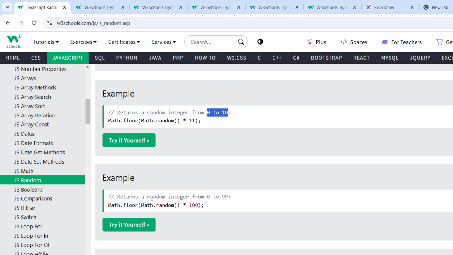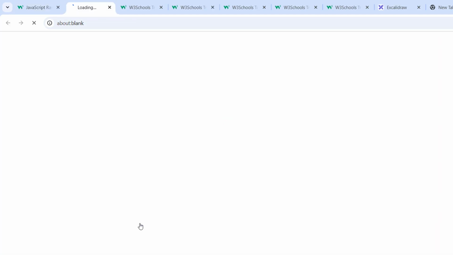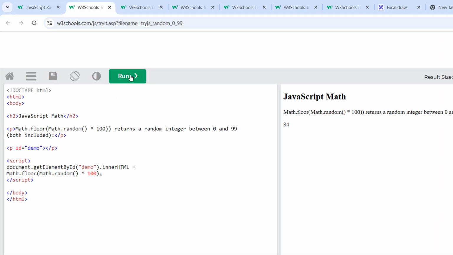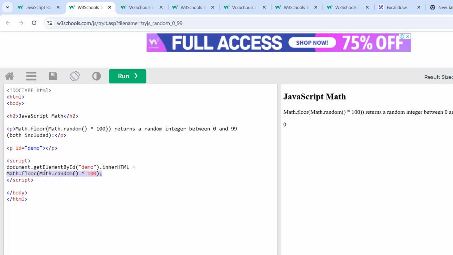Multiplying by 100 returns a random integer from 0 to 99.